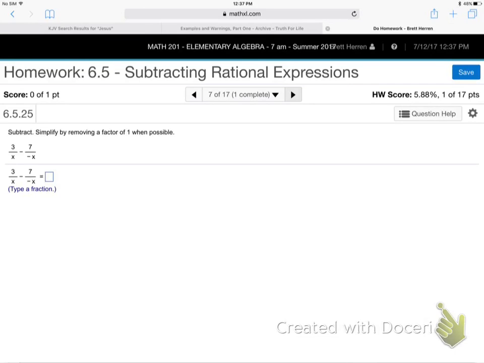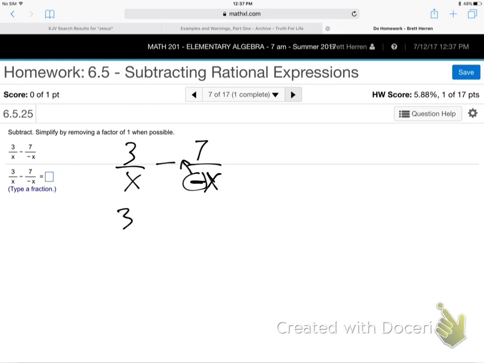Okay, so we have 3 over x minus 7 over minus x. What are you going to do with that minus on the bottom there? We can just let that minus come out to the front.